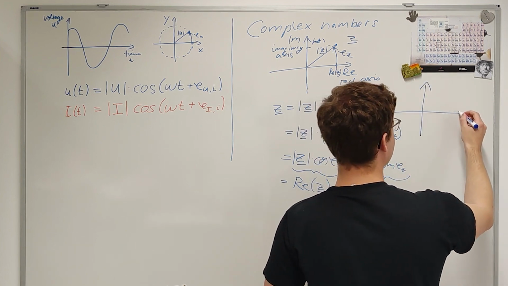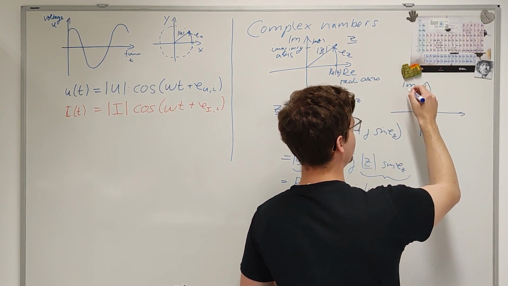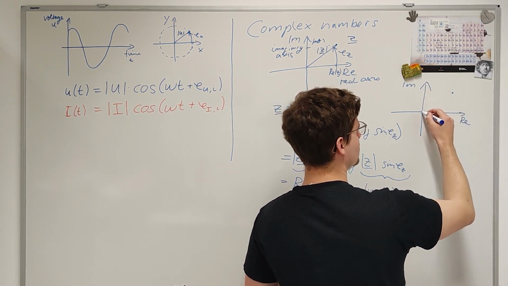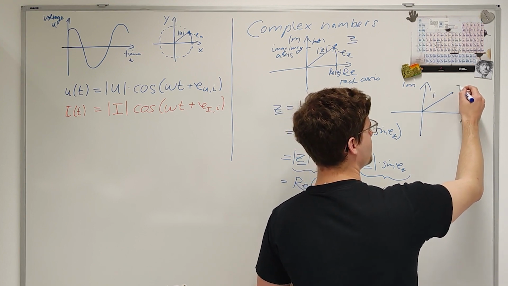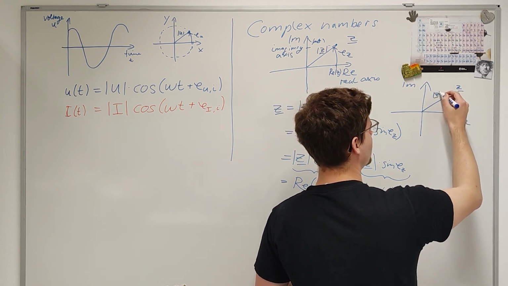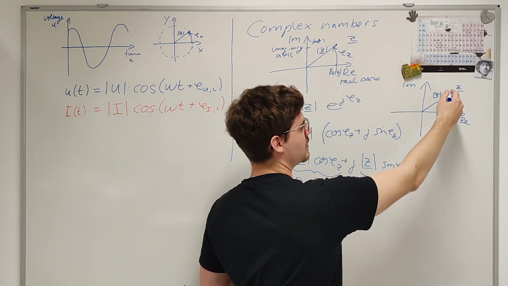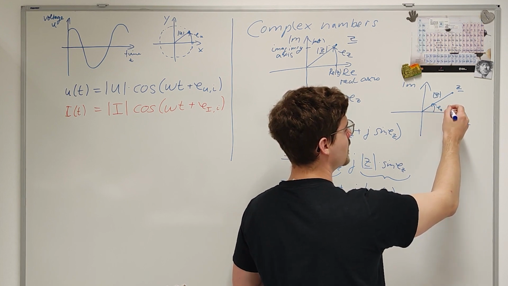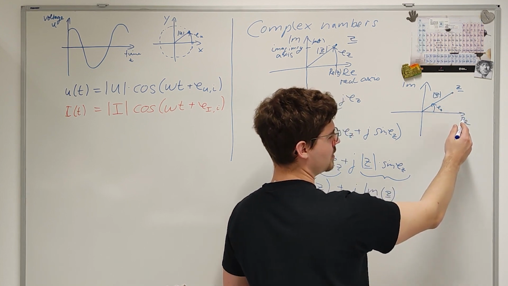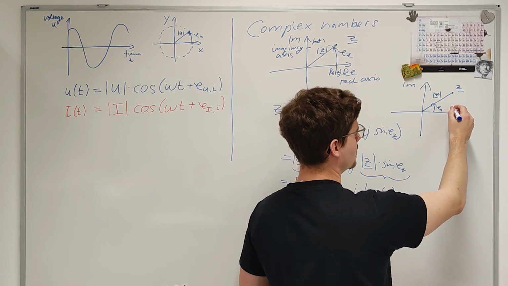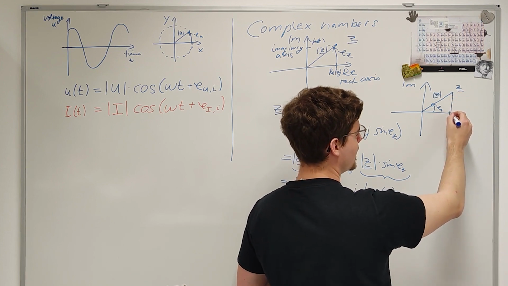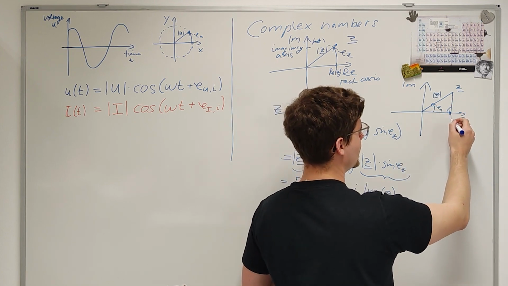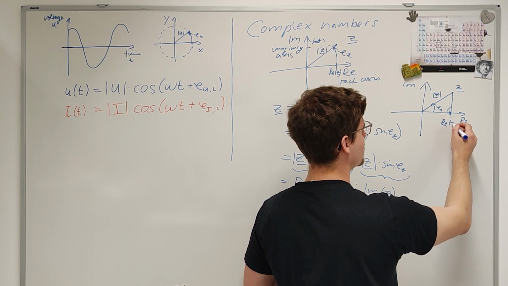I will draw again this coordinate system here, where we have the imaginary axis and the real axis. And now consider that we have here a complex number z at a distance, the magnitude of z, from the origin, and under some angle phi z. And if we find the coordinate, the real part of z down here, this forms a triangle with a right angle down here. And here we are at the real part of z.